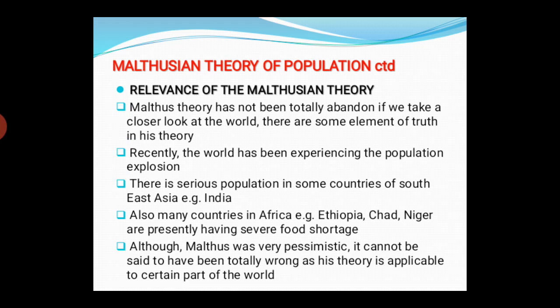We can say that his theory is not applicable to advanced countries, but if you look at some certain parts of the world, his theory is still relevant today. So, Malthus' theory is still relevant, especially if you consider the situation of some African countries.